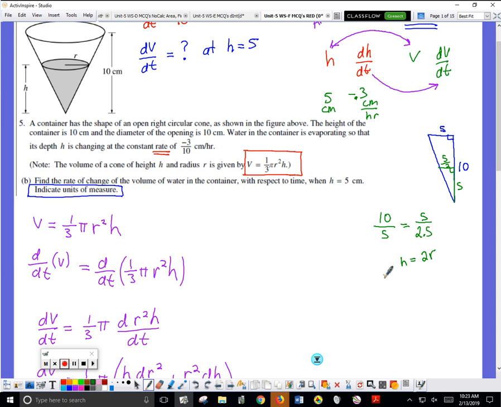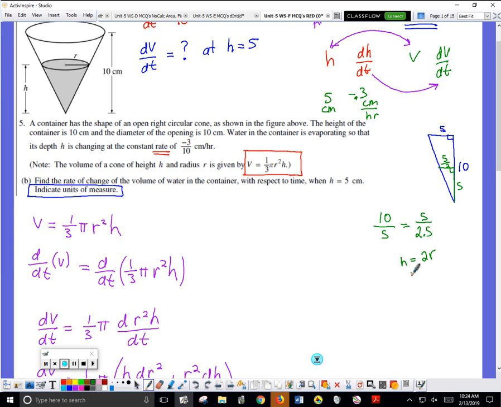Here's an equation. Raise your hand if you can think of something mathematical we can do to create a new equation that will involve dr dt. Just don't do something complicated, just do something simple. What do we do to this equation, Zach, to find dr dt?